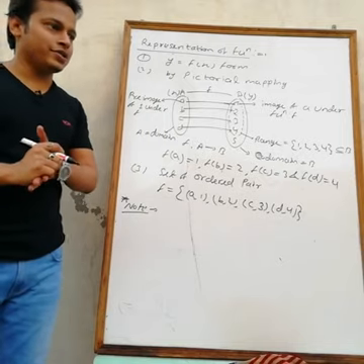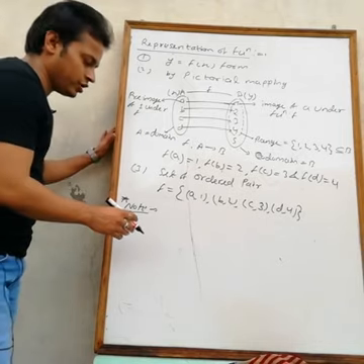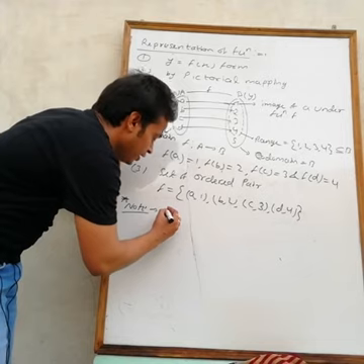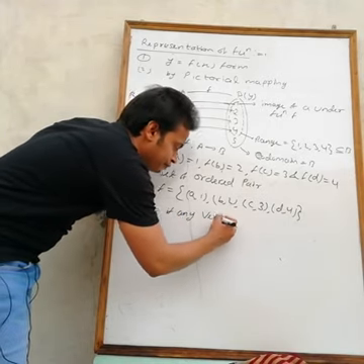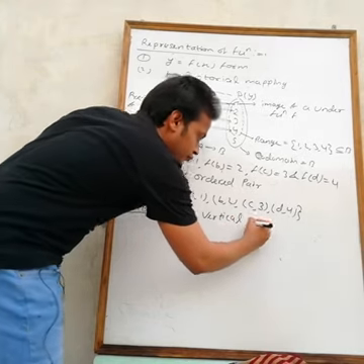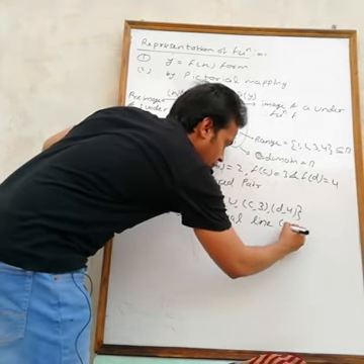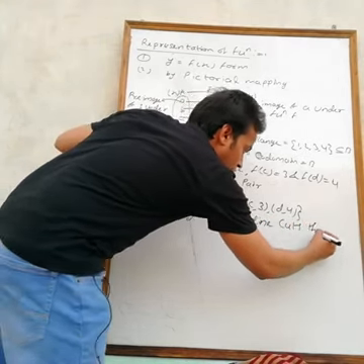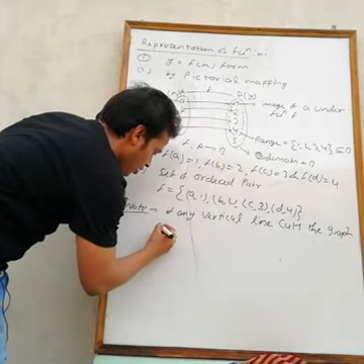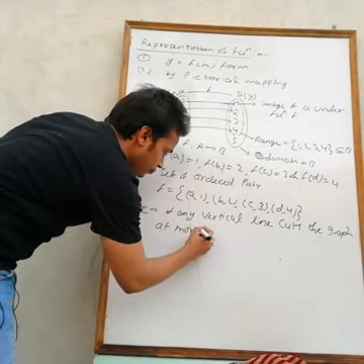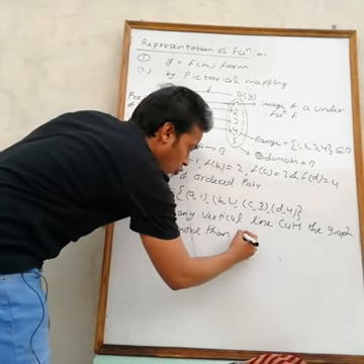So what is the condition? The condition is simple. I am writing first, then I will explain. If any vertical line cuts the graph at more than 1 point.